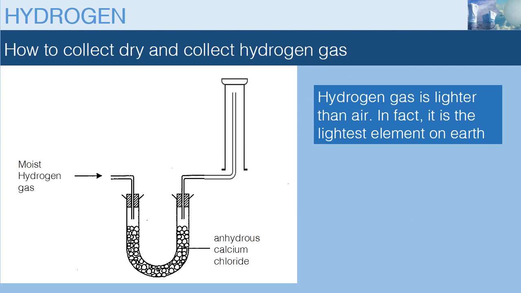This method of gas collection, known as upward delivery, is possible because hydrogen is lighter than air.